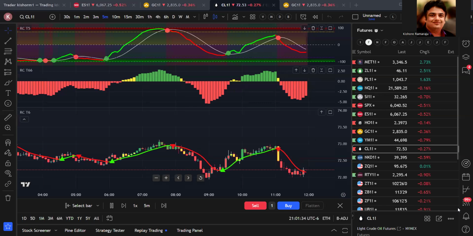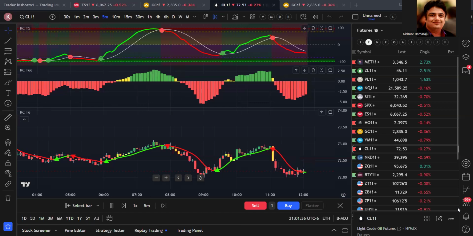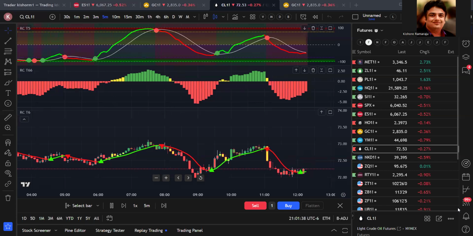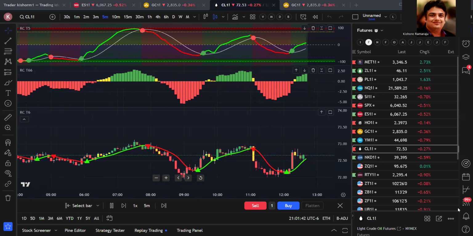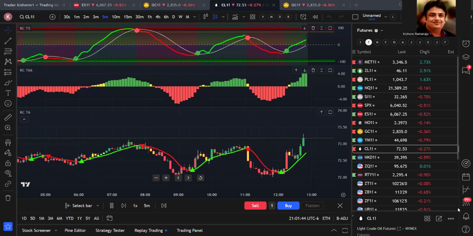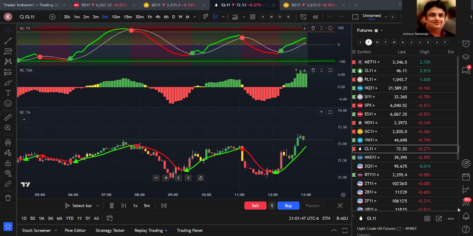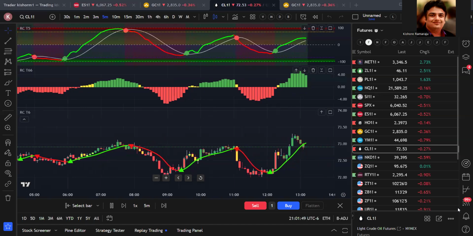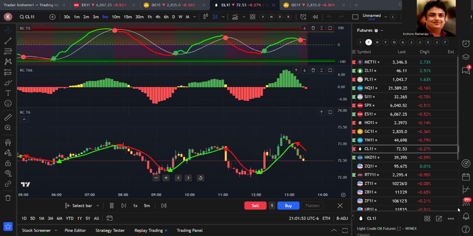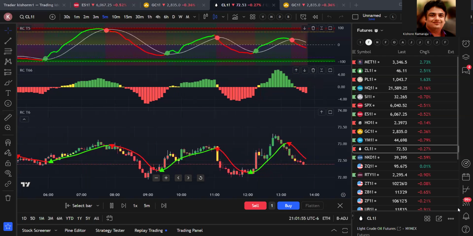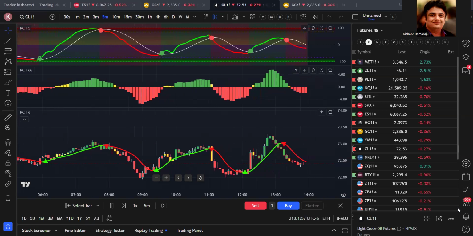You are getting red candles. Your T5 is red. That is a 5 minute candle.